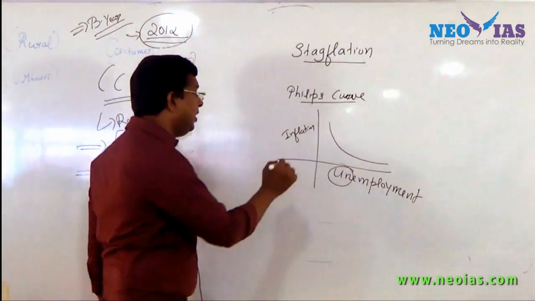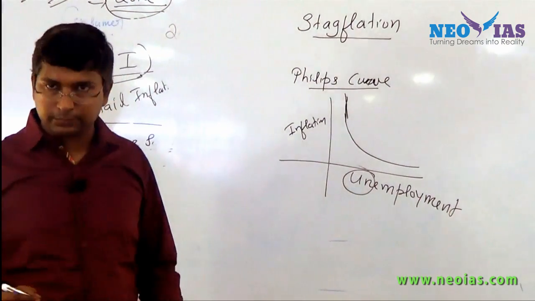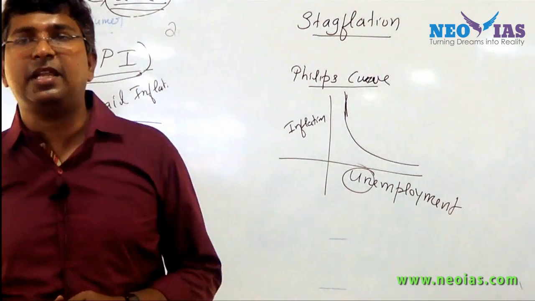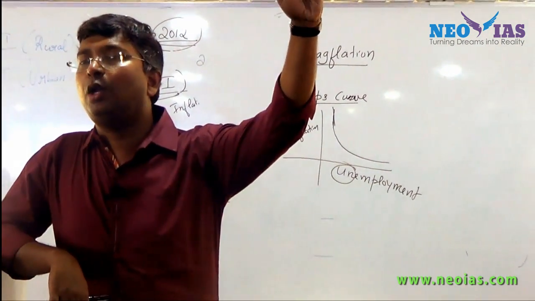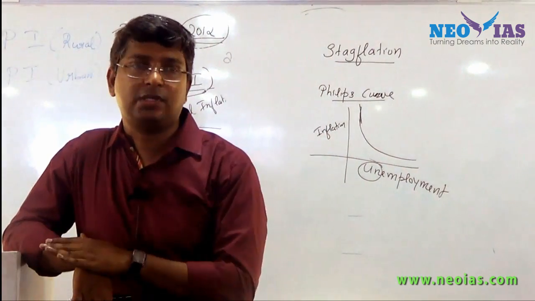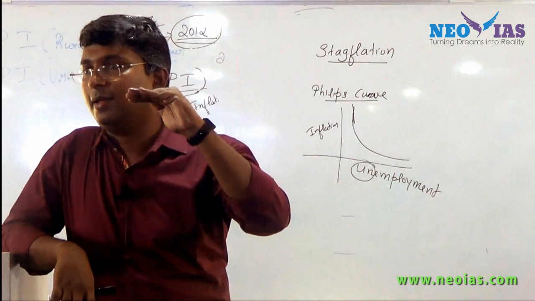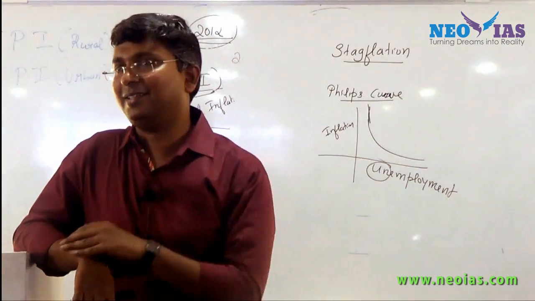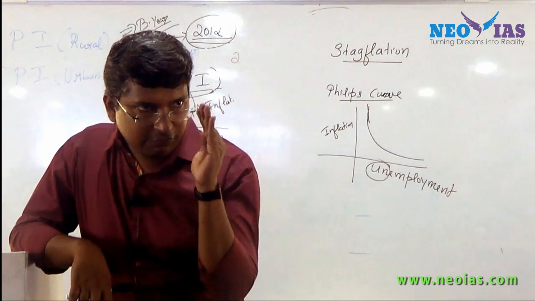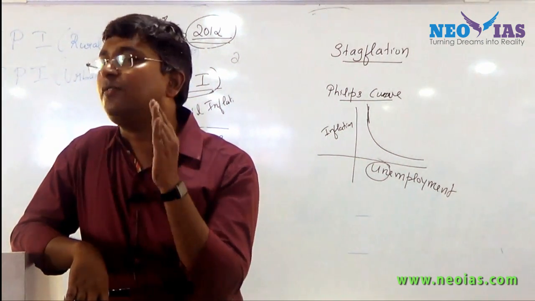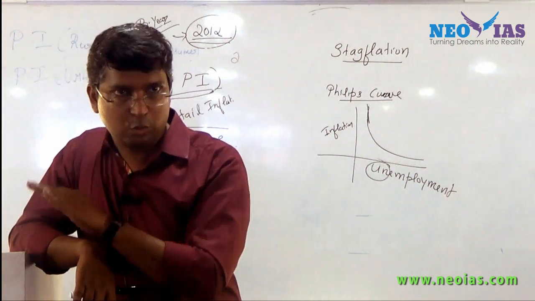It says that when inflation is high, there will be low unemployment. Low unemployment means when inflation is high, there will be high employment. So what Phillips says is that whenever there is high inflation, the unemployment rate will be low.